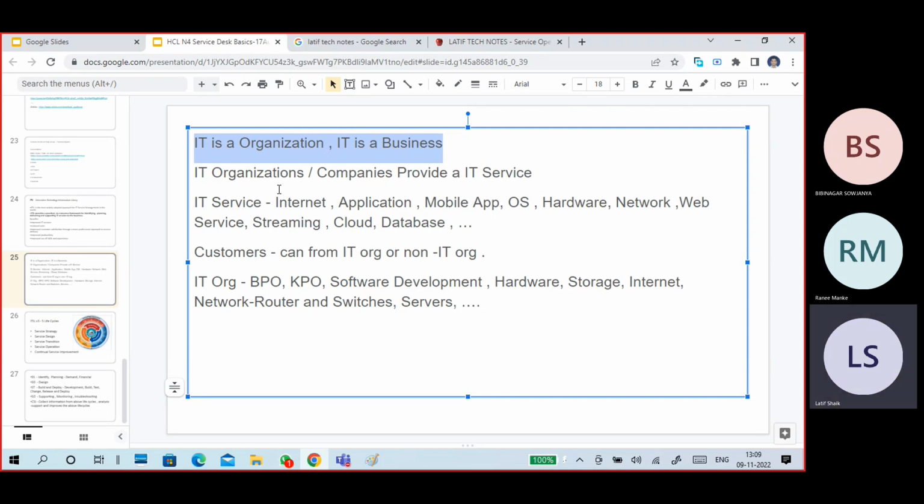Okay, so IT is an organization, IT is a business, IT is providing different types of services and utilizing different types of IT services also. But as an IT organization, a lot of things are there. So ITIL is dealing with every aspect of the IT business.